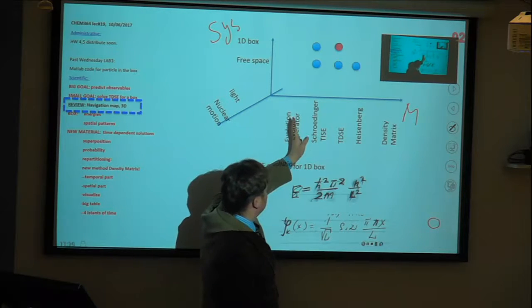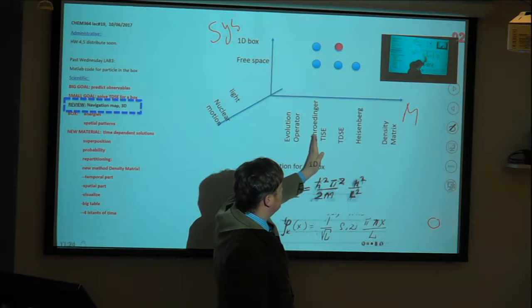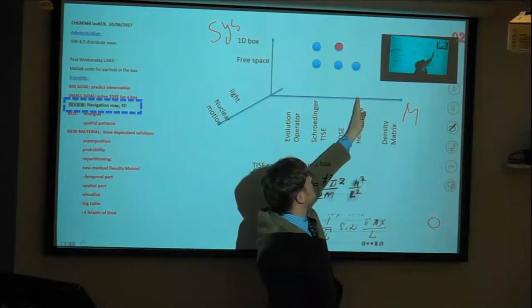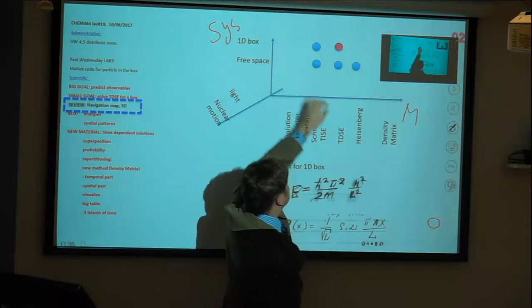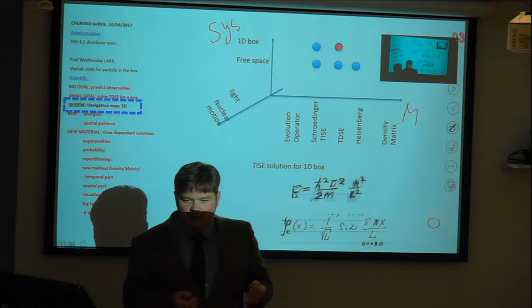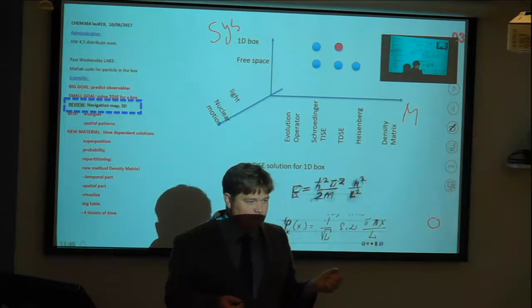And if we look through the methods that we have learned, like evolution operator, time-independent Schrödinger equation, time-dependent Schrödinger equation, Heisenberg equation of motion, and then we look at different models, we see that, okay, we take one of the methods from our toolbox and apply it to one of the systems.